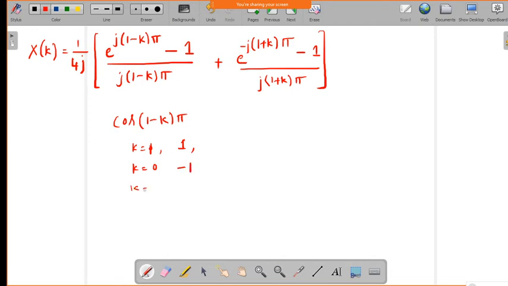Similarly you can put k value equal to 2, you will get 1 minus 2 equals minus 1, cos of minus pi, so it will give cos pi only, which will give minus 1. So it will be alternate: for 0 it will be 1, for 1 it will be minus 1, for 2 it will be 1, and for 3 again it will be minus 1, like that. So this we can write as minus 1 power, here it is 1 minus k, right? So you can write it as 1 minus k.